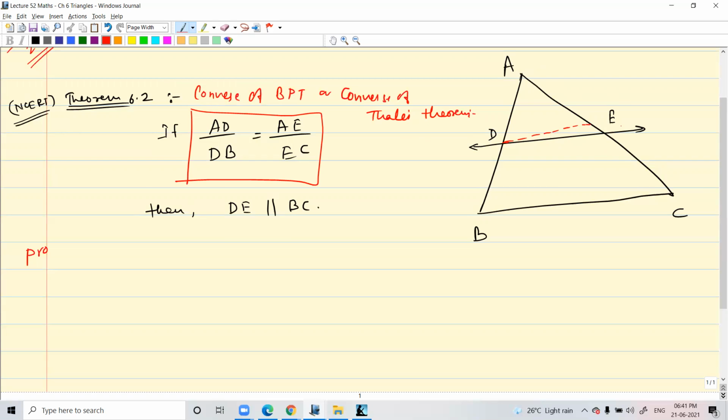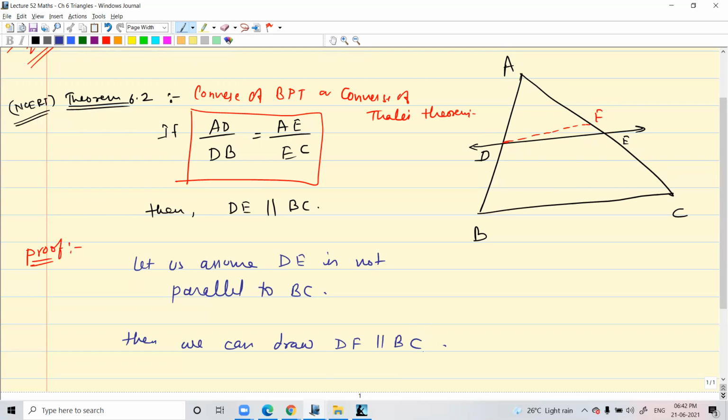If I'm saying that DE is not parallel, then there will be some line DF which will be parallel to BC. So if DE is not parallel to BC, then we should be able to draw some line DF which is parallel to BC.